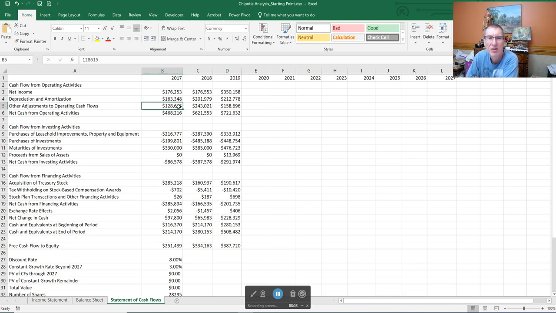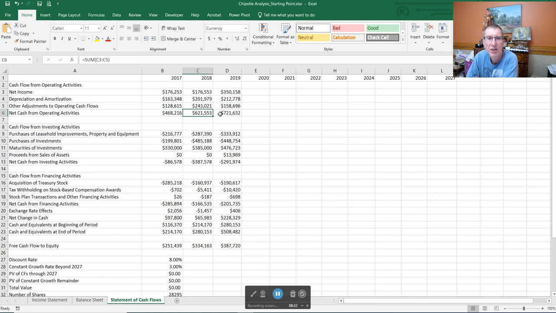So Chipotle's cash flow from operating activities is quite a bit higher than their net income. And that's going to be important. You're going to see that in a lot of companies. A big reason for it is the depreciation and amortization. That lowers our net income, but it's not a cash expense. Instead, the cash expense for that occurs when we're purchasing new equipment.